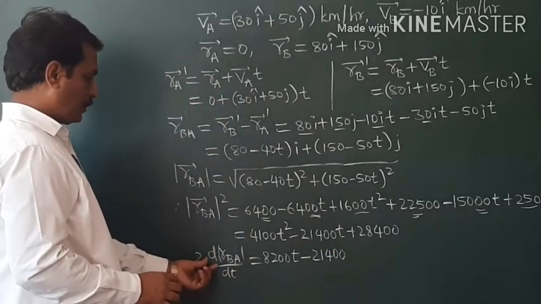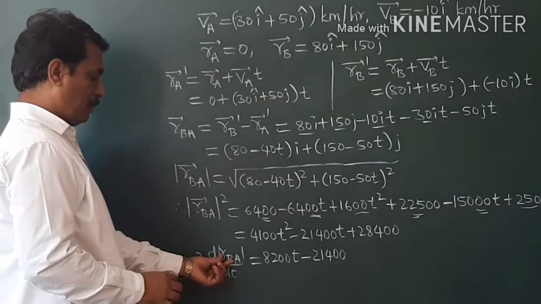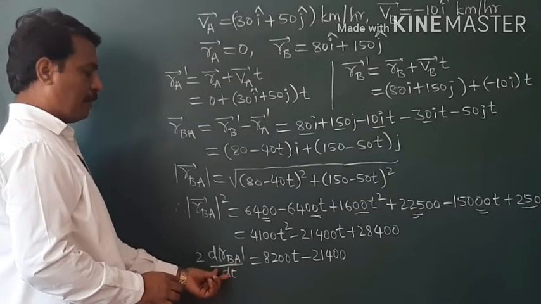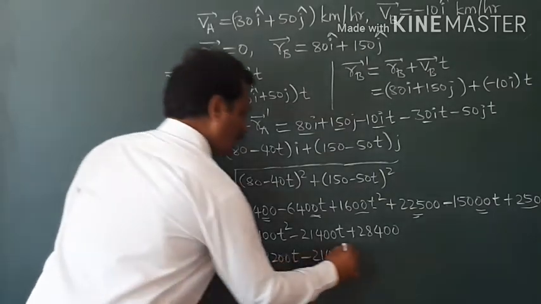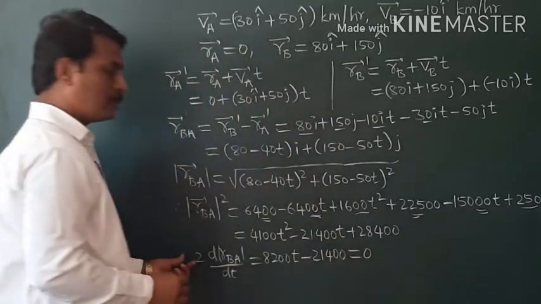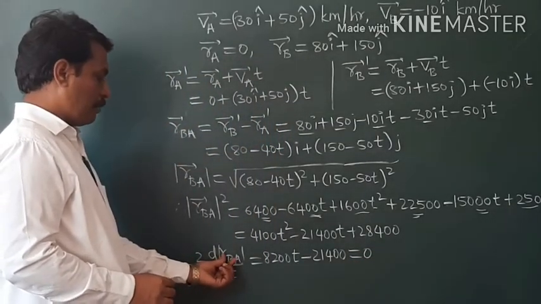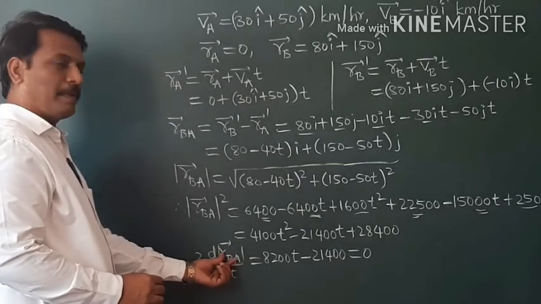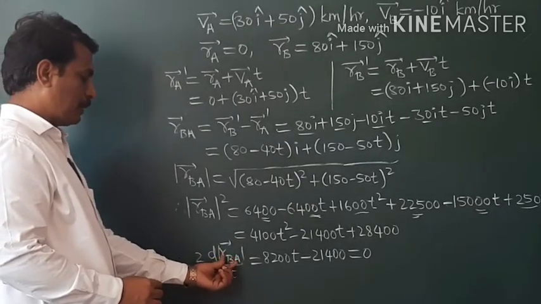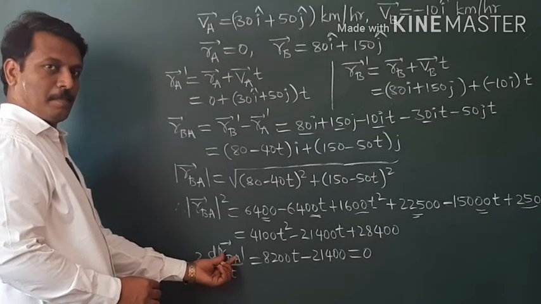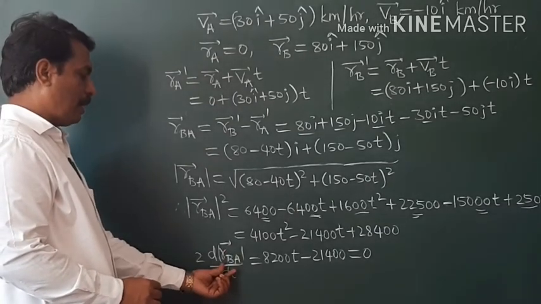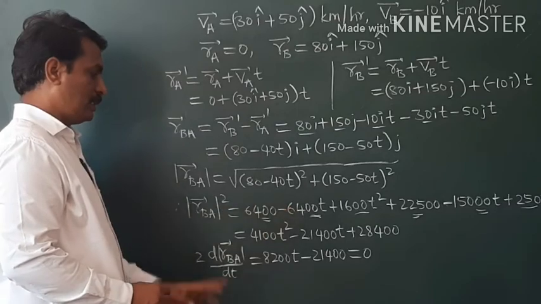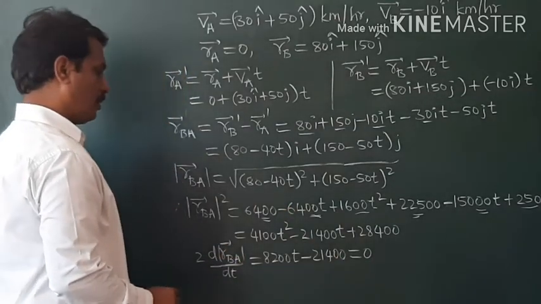You know that RBA will be minimum if the differentiation of RBA is equal to 0. Therefore, I will write it equal to 0. RBA is the separation between ship A and ship B, so the separation is minimum if d RBA by dt is 0. Therefore, I have written 0 here.